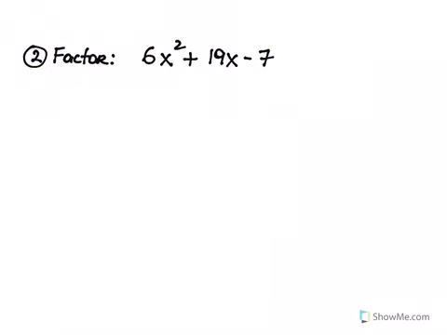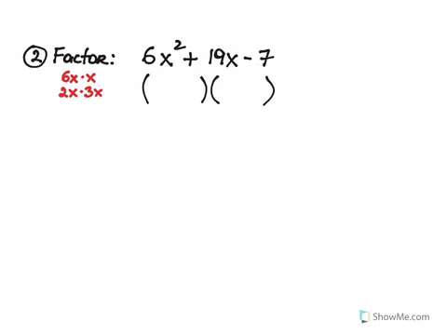Example 2. Factor 6x squared plus 19x minus 7. Let's take a look at what two factors could give me 6x squared. There are two possibilities.